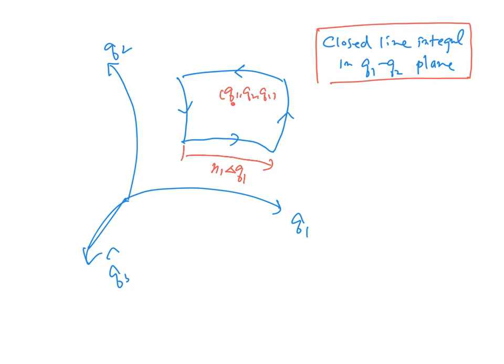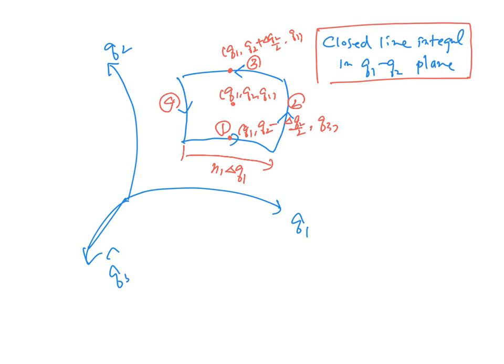But the difference between Cartesian coordinates and this case is that H1 is also a function of Q1, Q2, Q3. So this point will be considered as Q1, Q2 minus delta Q2 over 2, Q3. This point will be considered as Q1, Q2 plus delta Q2 over 2, Q3. So 1, 2, 3, 4.